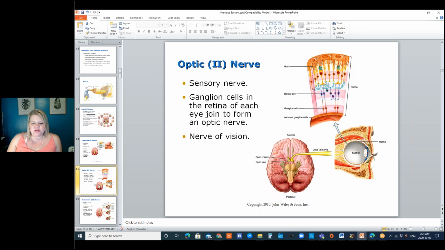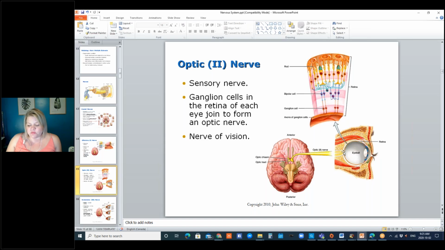The optic nerve, number 2: we have 2 eyes, and they stem from the optic chiasm bilaterally. So they go to both places. This is a sensory nerve only. Different cells on the retina pick up photons, which is light energy, and stimulate these receptors, which then are relayed into the optic nerve.